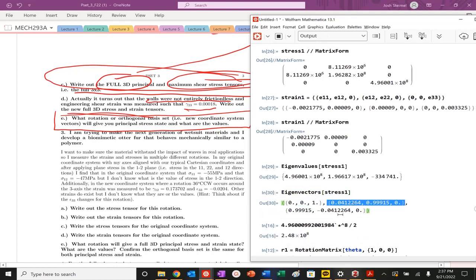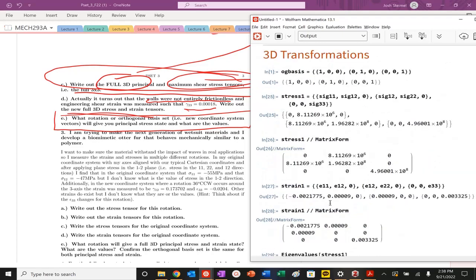So you see here that because I basically have plane stress in the 1-2, the 3 direction remains unchanged. So I still have my 0, 0, 1 coordinate vector, but you see I have another new basis set derived here. So that's very, very important.